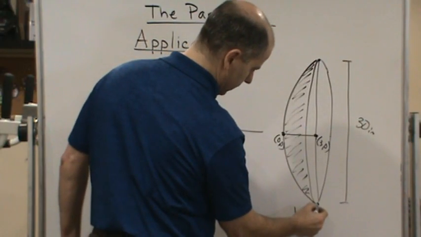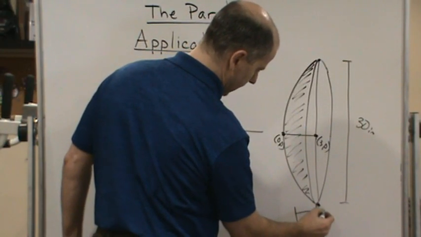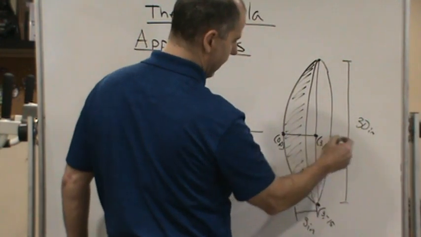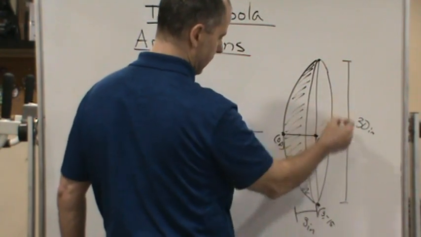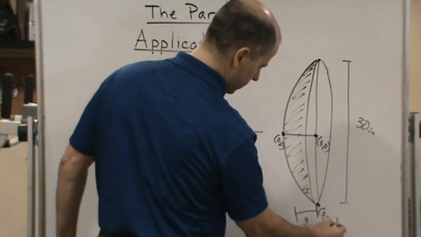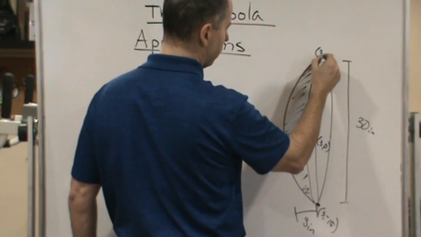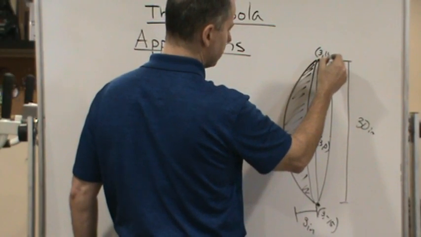Down here is going to be at what? It's going to be at 3, negative 15, right? Because half of this is 15 and the other half is 15. So this is going to be 3, negative 15, and this is going to be located at 3, comma, positive 15.